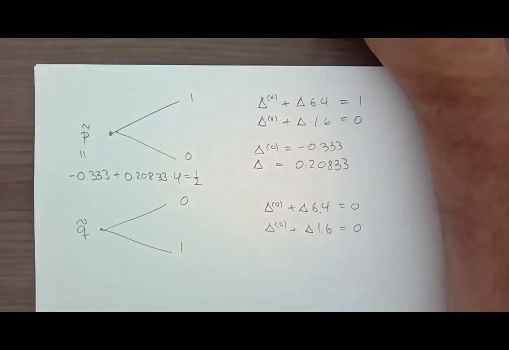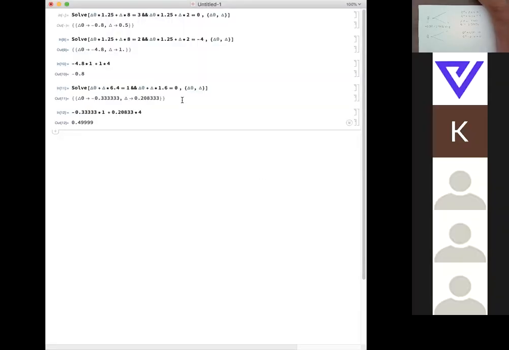Back to Mathematica. So here, instead of a 1, I'll put a 0. Instead of a 0, I'll put a 1. I'll solve. I'll get 1.33, and I get delta, this is minus 0.20833.